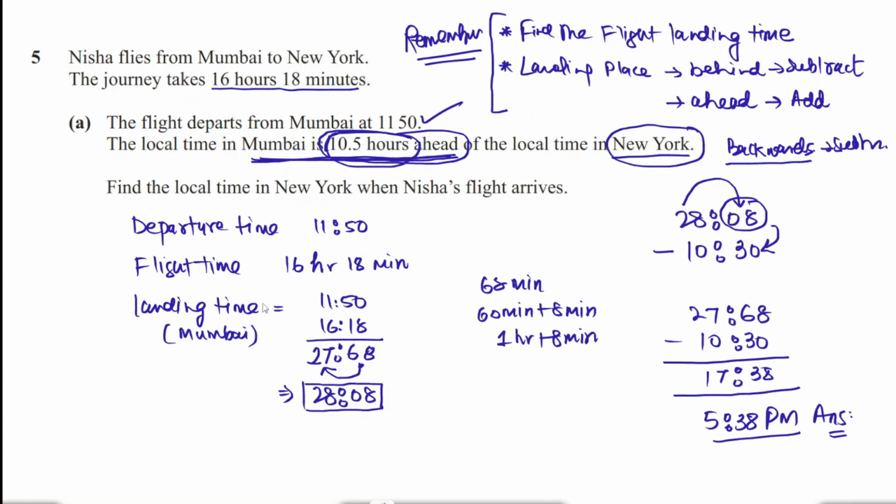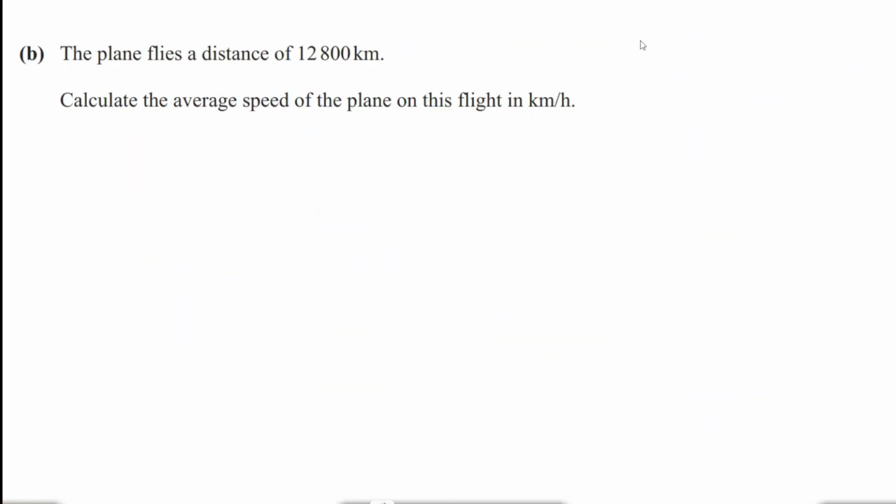Okay, so this was problem number 5. Let us go to problem number 6, or the second part of this problem. So total flight time was 16 hours 18 minutes.